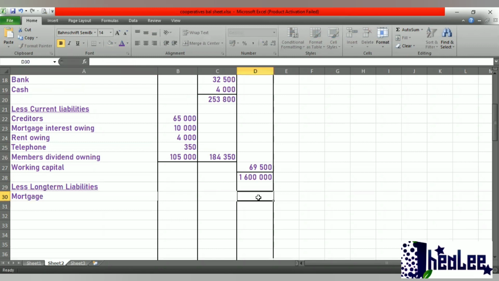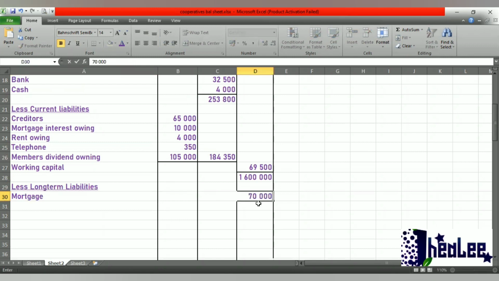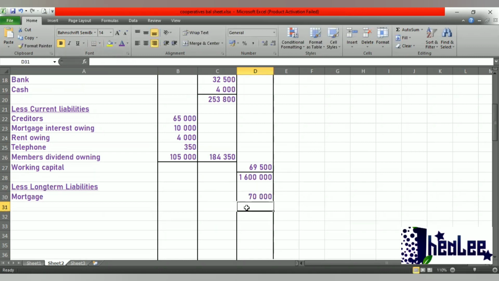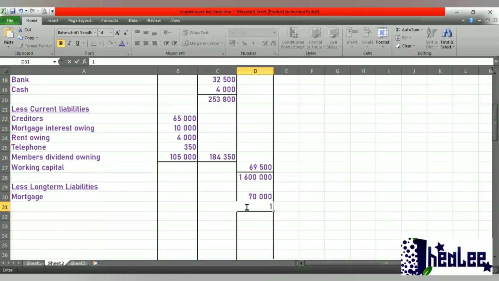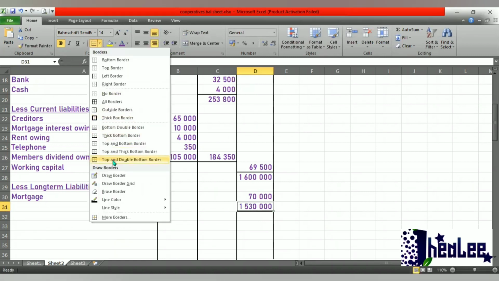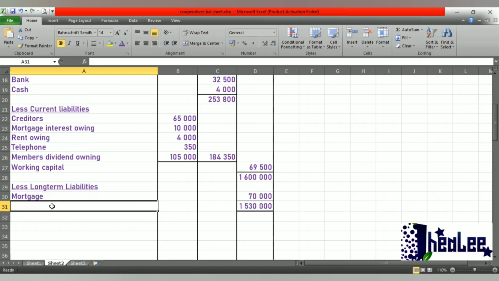So mortgage there is 70,000, and this leaves us with a value of 1,530,000, and that is our total net assets.